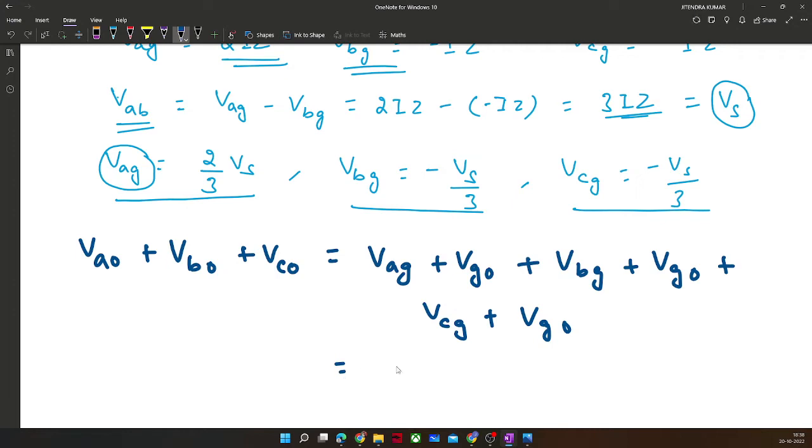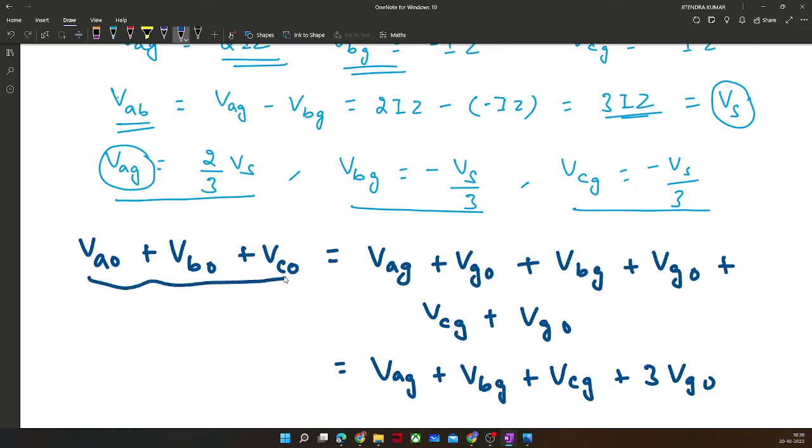That would give us VAG plus VBG plus VCG plus 3VG0. Okay. We knew these voltages. We wanted to compute these voltages, but we need VG0 in terms of H1, H3, H5, or so on, right? We have simplified till this point.